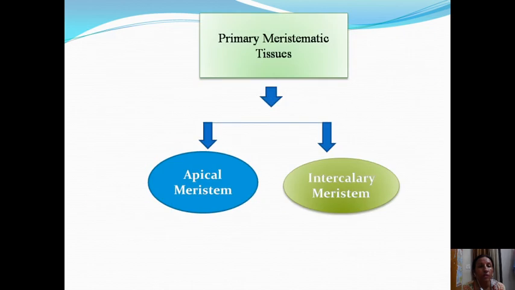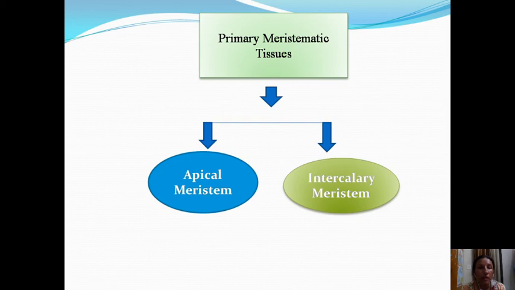Primary meristematic tissue is present in the young parts like apical parts of the plant. Apical meristems are primary meristematic tissue. In addition to this, intercalary meristem is also a primary meristematic tissue.